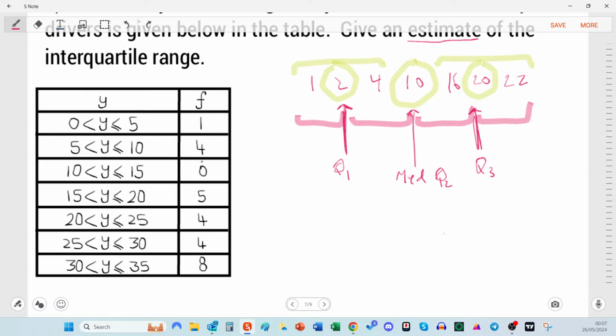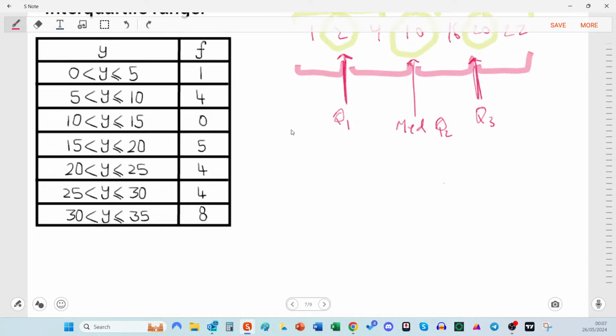How do we do this? Well, we're going to make an assumption that all of the numbers here are evenly distributed. If we imagine that this is the 0 to 5 garden, there's one person in there, standing right in the middle. And then the 5 to 10 garden has 4 people.